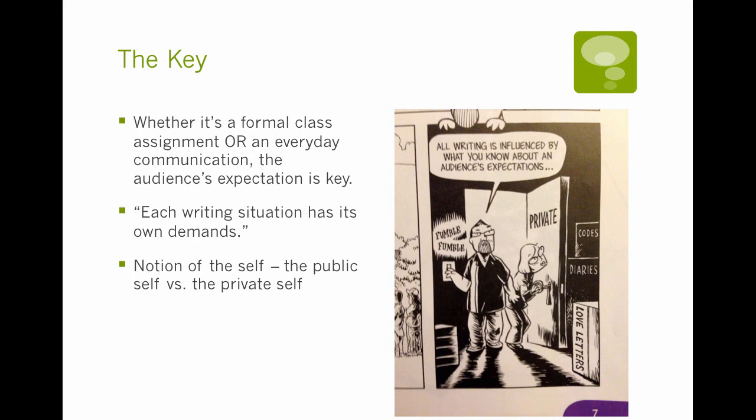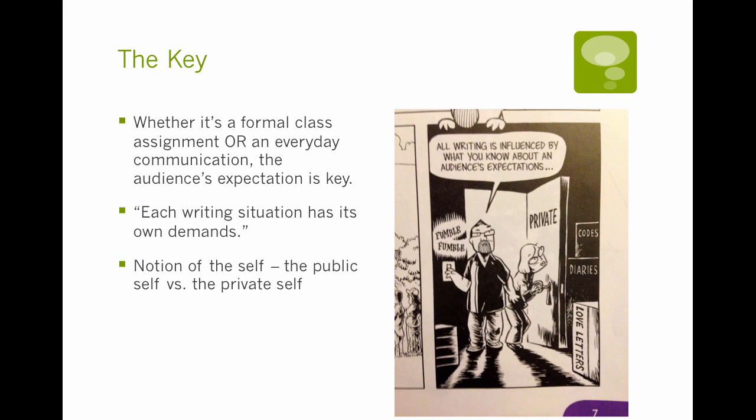And even if you look at this image, on this page, page 7, there were a couple images, and before this panel, there was an image that was dealing more with public writing, and it had social networking sites and whatnot, and online postings. And then here, what's being emphasized is more private forms of writing, such as diaries and love letters.